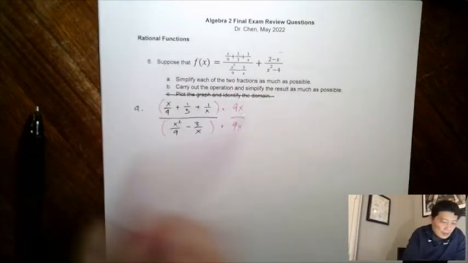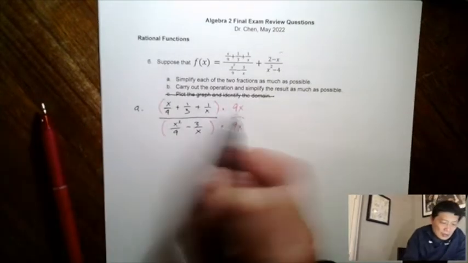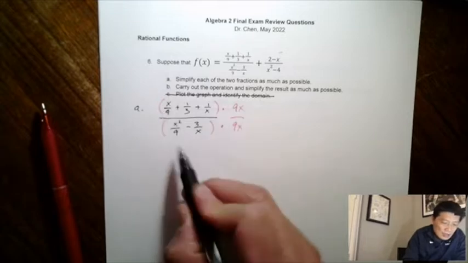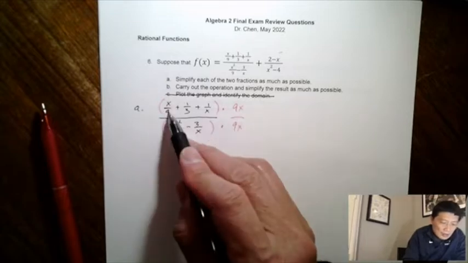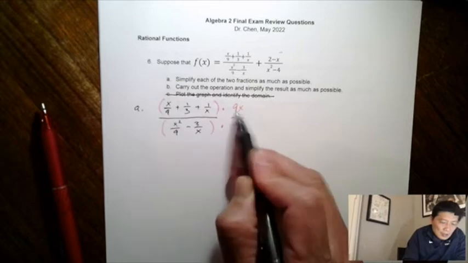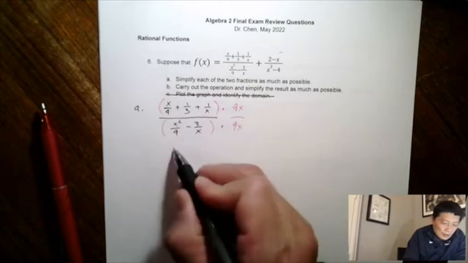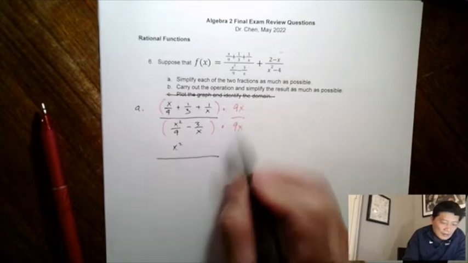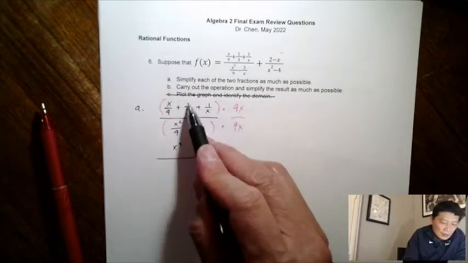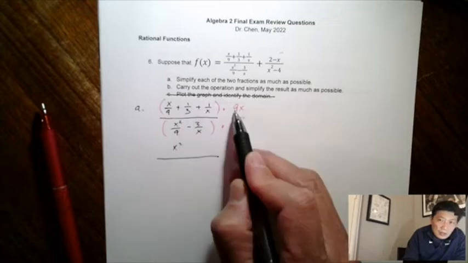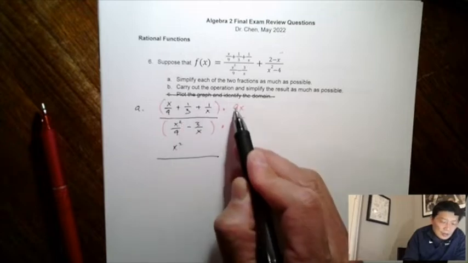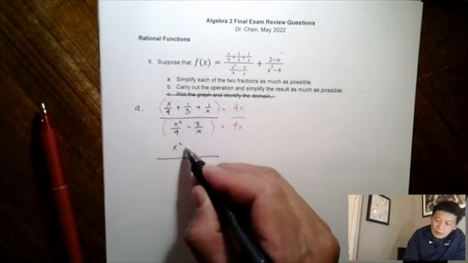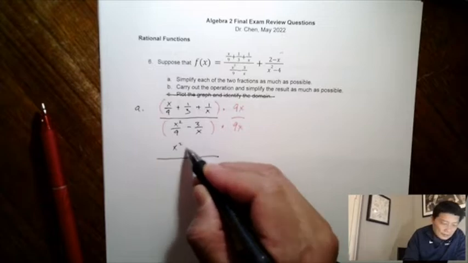So if you think about it, 9x times x over 9, the 9s cancel out, and x times x gives you x squared. Now 9x times 1/3, 3 and 9 reduce to 3, and 3 times x is 3x.